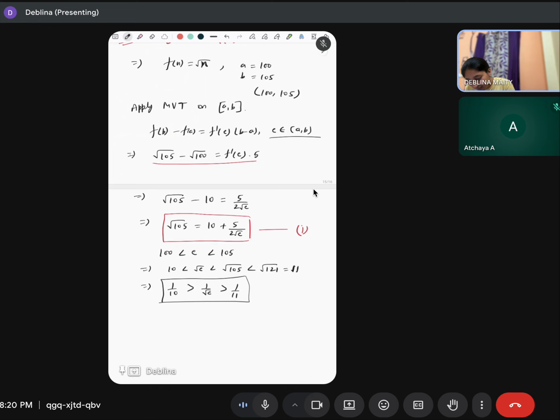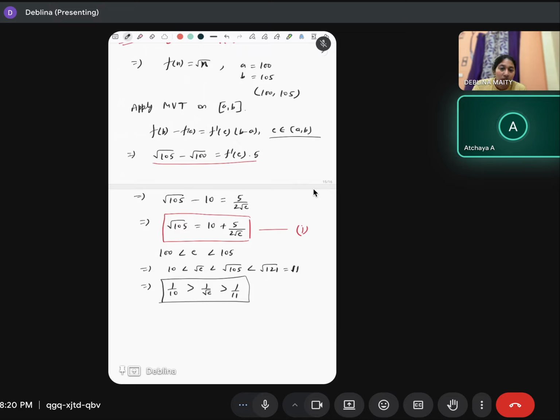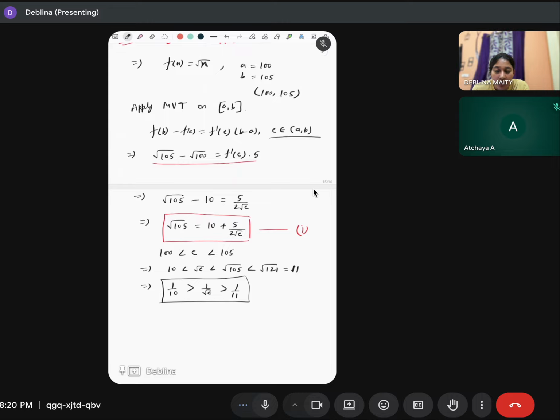We'll get Why did we choose for this less than root 121? I didn't understand what you are saying. Hello? You can write it in the chat.